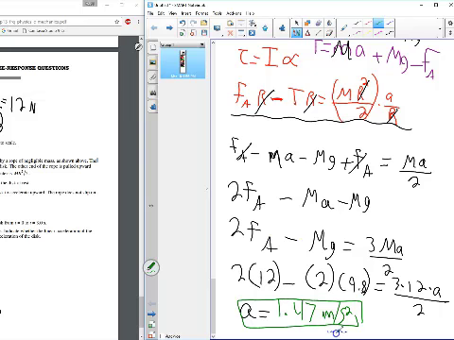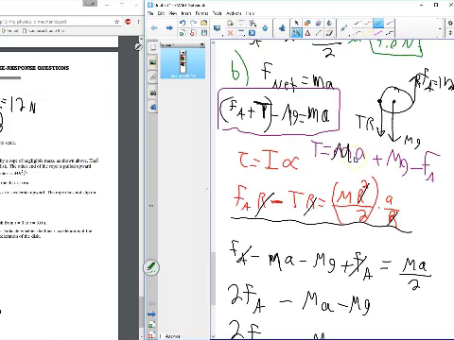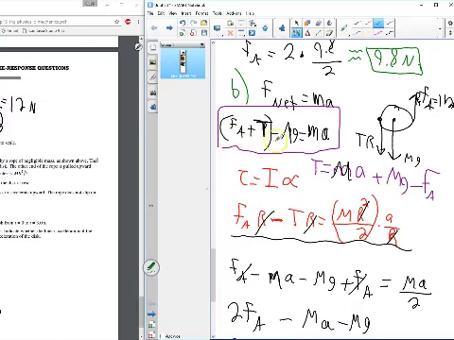All right, I think the only issue with this problem is just setting up this formula right here. I guess what would confuse most people is having the tension added here.